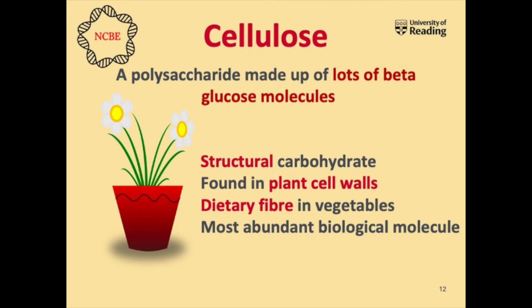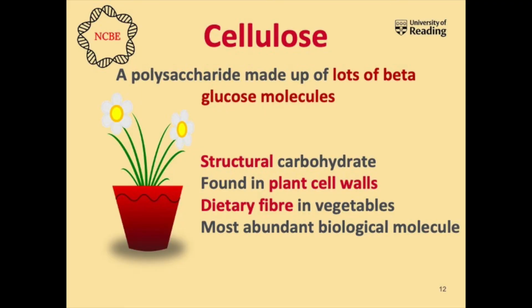Now we've gone through the monosaccharides and the oligosaccharides, we're moving on to the final group of carbohydrates, the polysaccharides. Polysaccharides are made up of more than 10 monosaccharide units, so more than 10 sugar units. One of the most abundant polysaccharides is cellulose. Cellulose is found in plant materials, such as this plant here, helping it to keep upright and stiff.